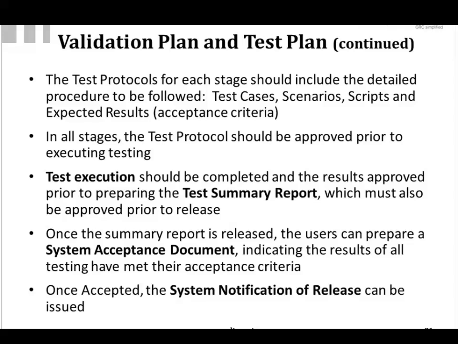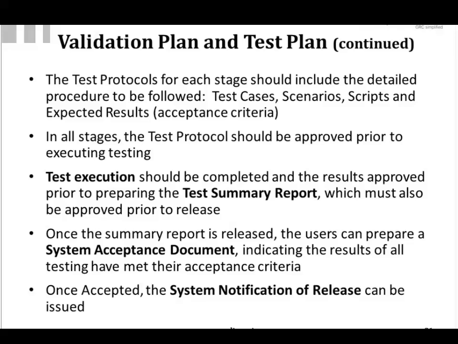Once your summary report is released, users can prepare a system acceptance document. And this is after your IQ, OQ, and PQ reports have been approved, if they're separate, or if it's one summary report for testing, it has been approved. You want then to do a system acceptance document.